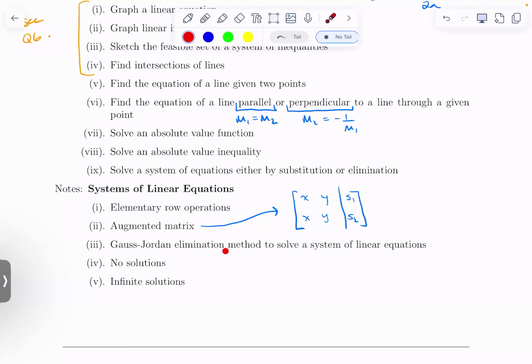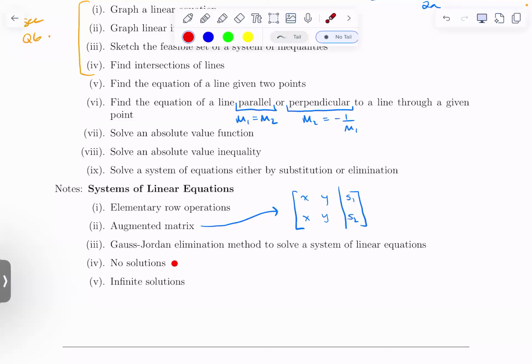The Gauss-Jordan elimination method to solve a system of linear equations, right? That's where we turned the first entry into a 1, and then we pivoted, and then eliminated all the values below it, turned them into 0. Then we moved on and worked through it until we had the diagonal of 1s.